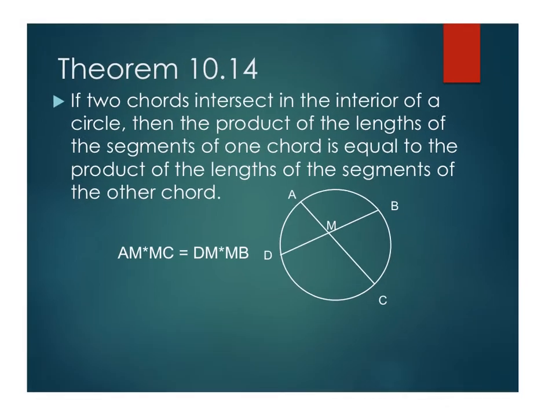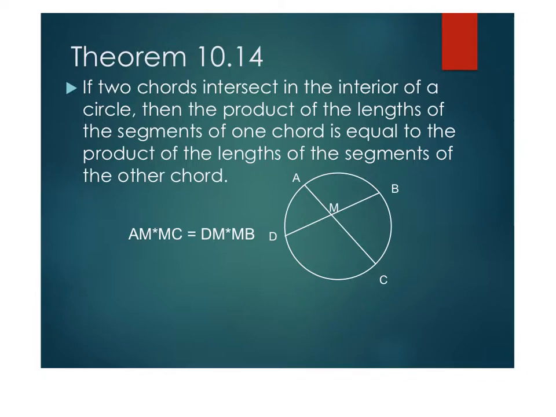Okay, so next, theorem 10.14. If two chords intersect in the interior of a circle, then the product of the lengths of the segments of one chord is equal to the product of the lengths of the segments of the other chord. Now, I'm not saying here that the chords are congruent or equal in length.